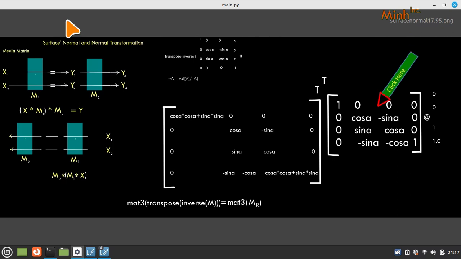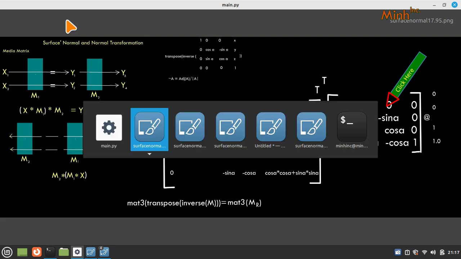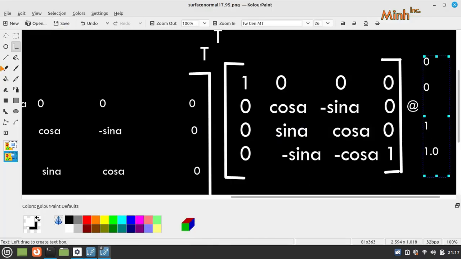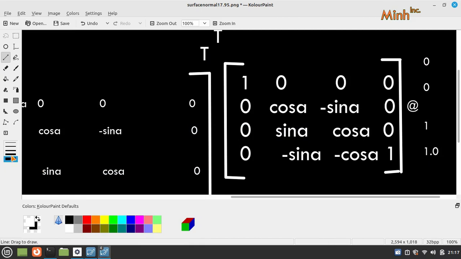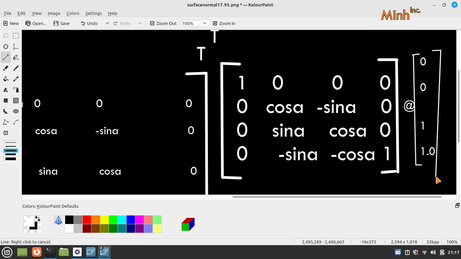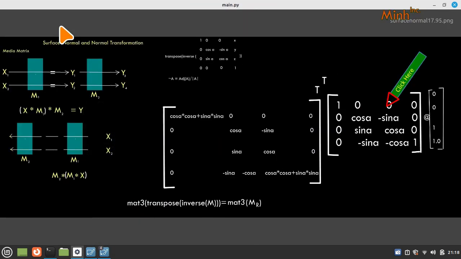Now if I multiply this with that, it can be represented like this. This is the input. Now can we see what it would become? We will do the computation.